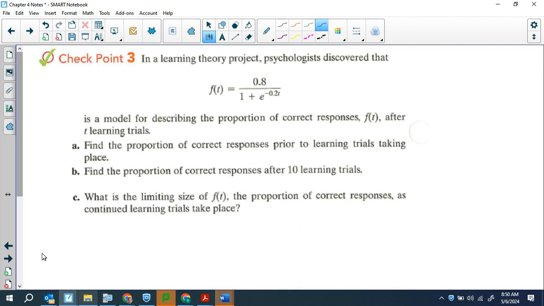So it's the model for describing the proportion of correct responses, f of t. So this is correct responses after t learning trials. So t is the number of trials.